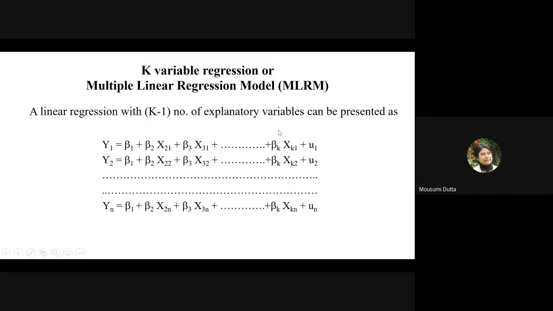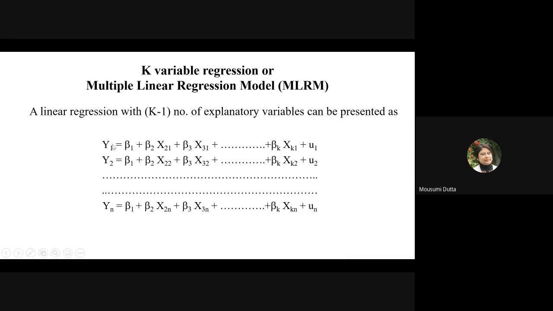So this is the structure of a multiple linear regression model, MLRM. We are familiar with the structure yi is equal to beta 1 plus beta 2 x2i format. In other words, we are familiar with this particular zone.